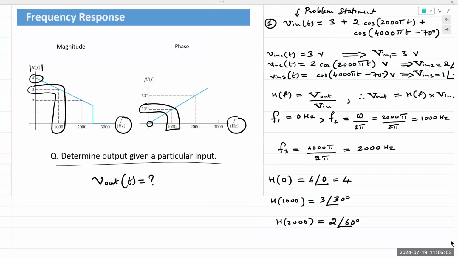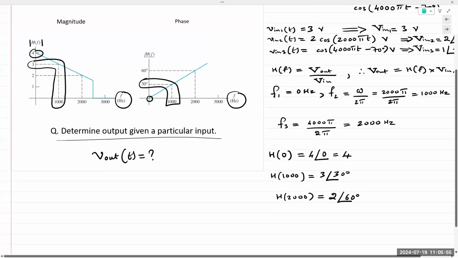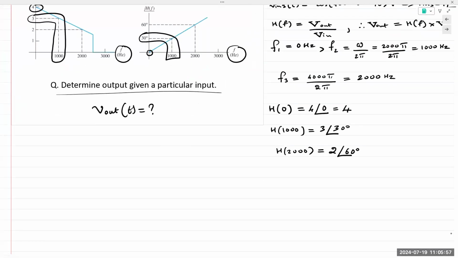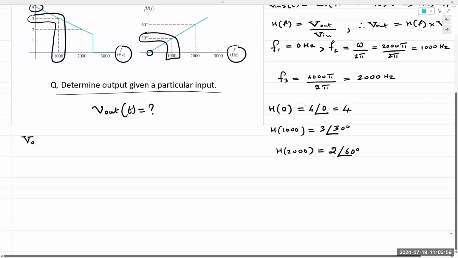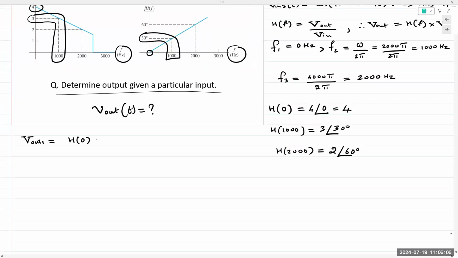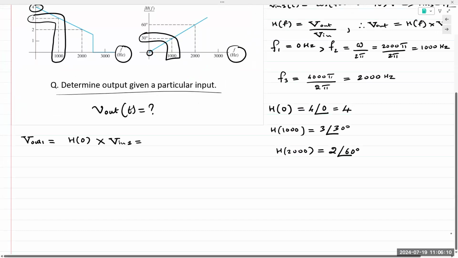So now V out 1 would be H of 0 times V in 1. H of 0 is 4 times V in 1, 3, gives me 12 volts.